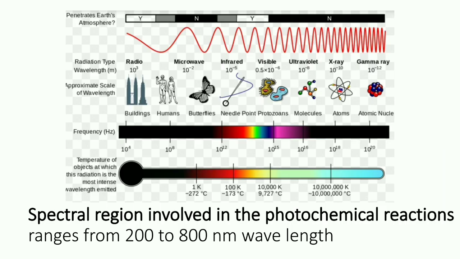Now, as we discussed, the light reactions take place only in the presence of the appropriate electromagnetic radiations. The energy of these radiations should not be too less or too high for the excitation of the outer shell electrons. So, the spectral region involved in the photochemical reactions ranges from 200 to 800 nanometers of wavelength.